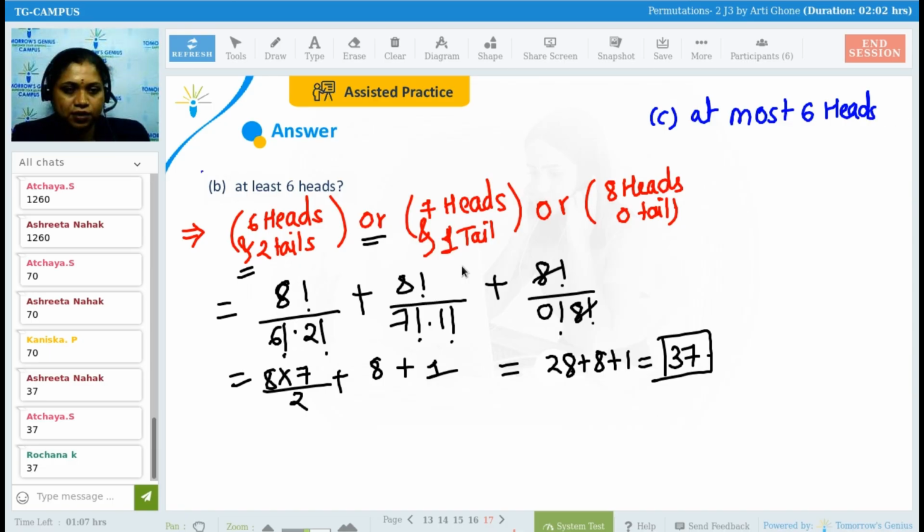At most 6 heads means starting from 0 up to max 6. Clear? Got it? So 0 heads, 8 tails, plus 1 head, 7 tails, plus 2 heads, 6 tails. Got it? Clear? This will be the case. So do it for at most 1.